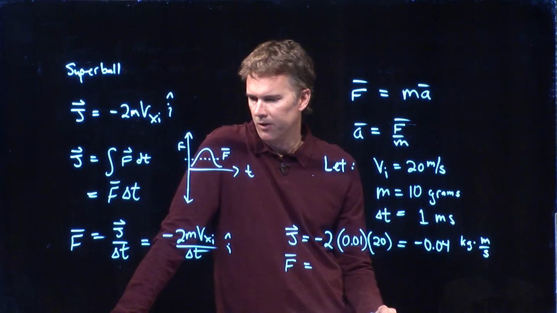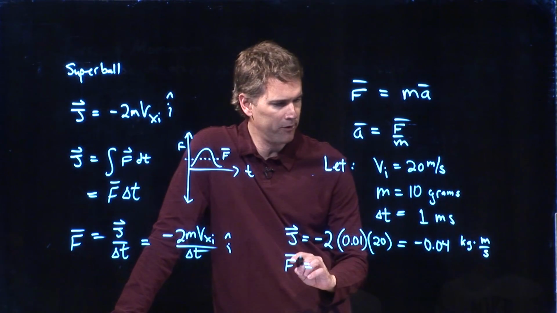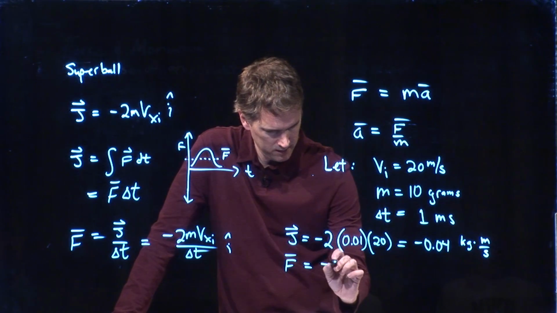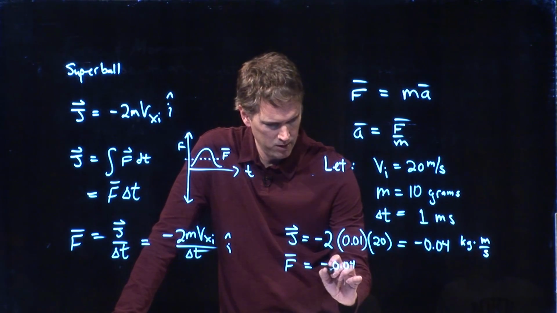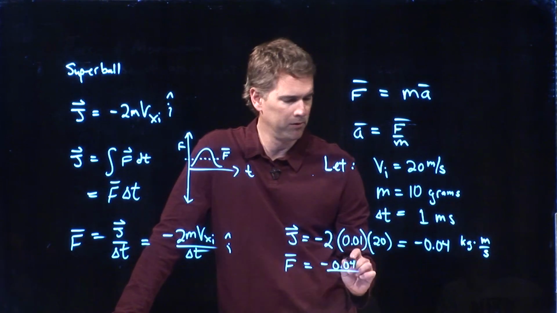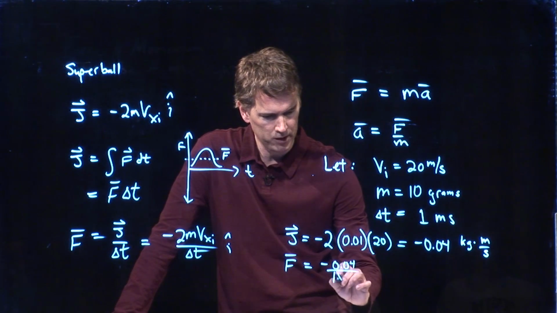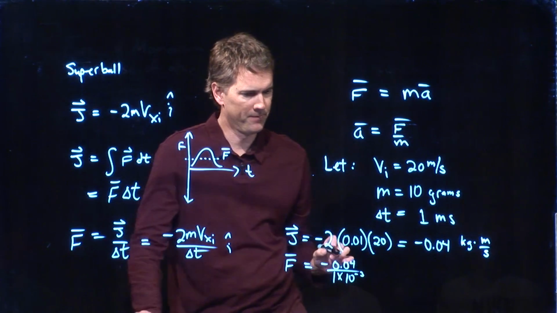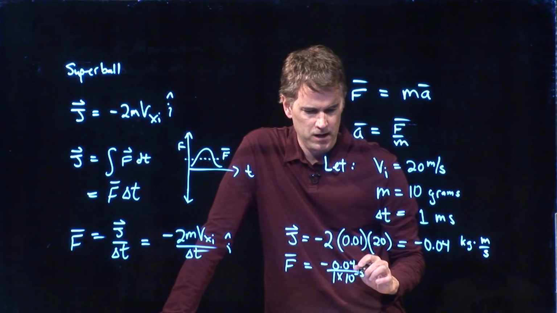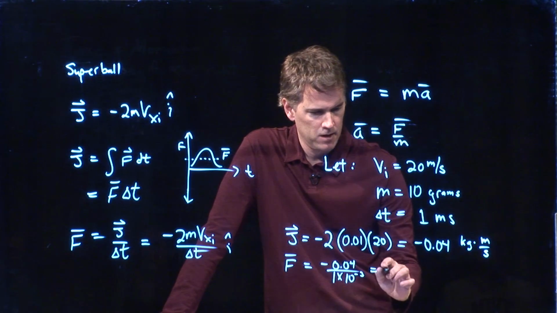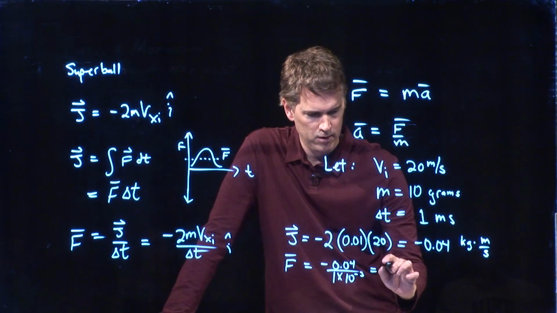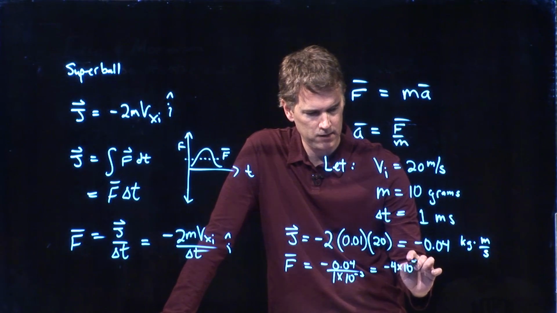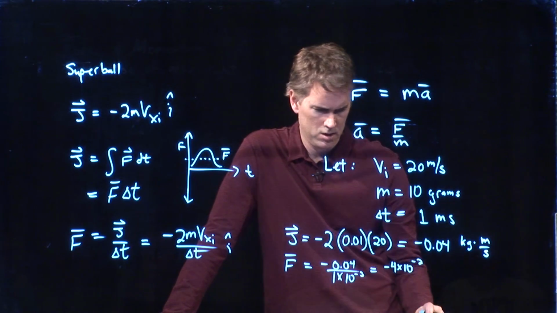F bar, we said, was J over delta T. J is right here. It's negative 0.04, and we are in SI units, so we just leave it like that. And we're going to divide by 1 times 10 to the minus 3. Up on the top, we have negative 4 times 10 to the minus 2.